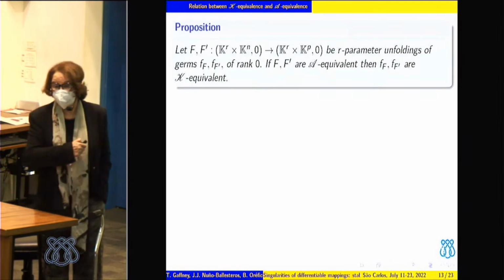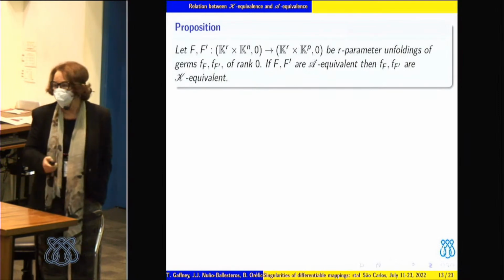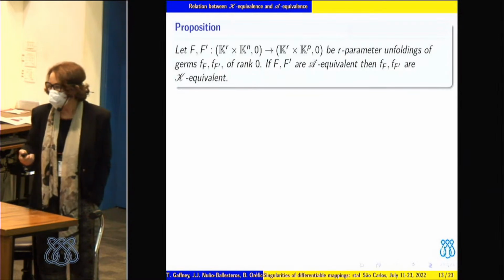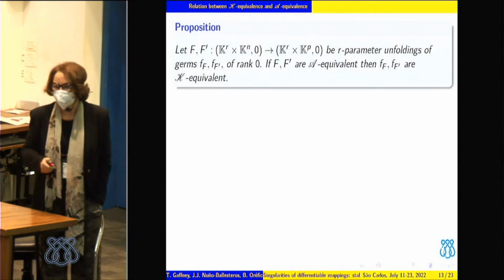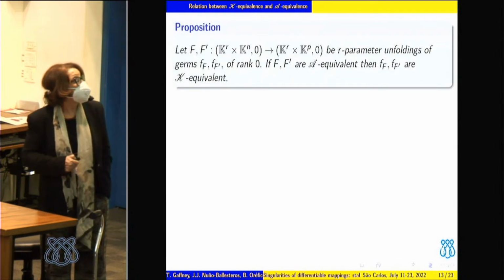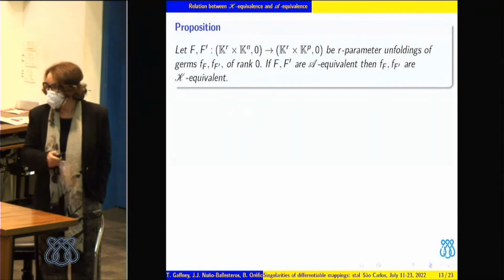First of all, we have this proposition that I will not be able to discuss the proof of. I intended to, but you see, I'm already late, so I don't have time to discuss the proofs. But this one is so easy that we can take a look.